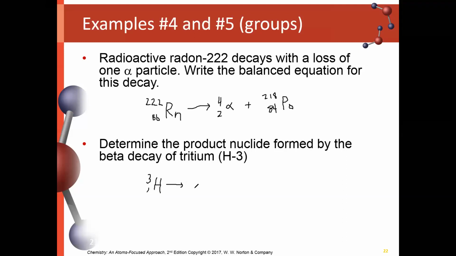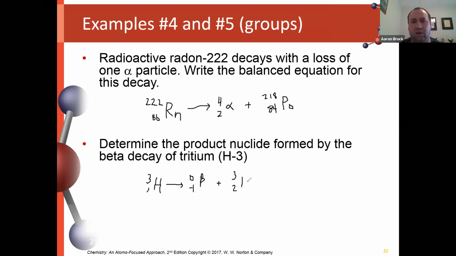So it's beta, so therefore the 0, -1. Meaning it will be 3 and I believe 2. So it would be helium. Yep, that's correct. Okay. All right, sounds like you've got it.